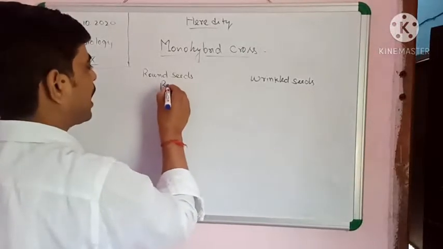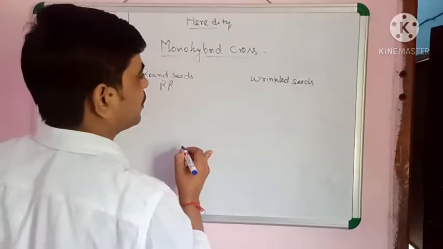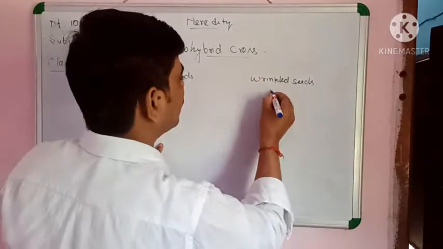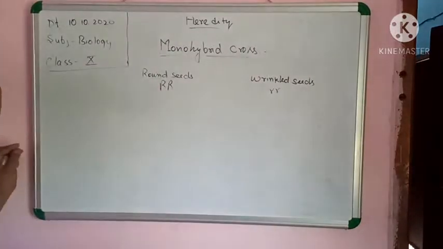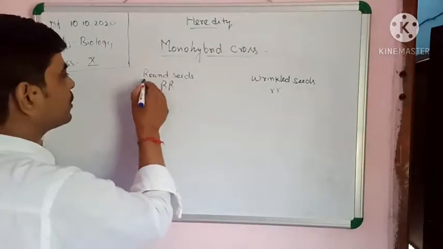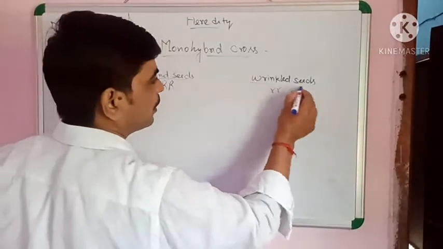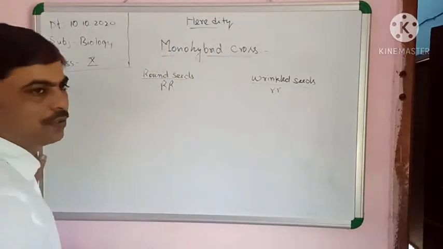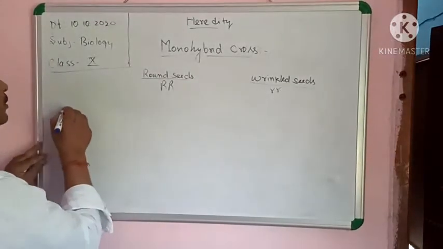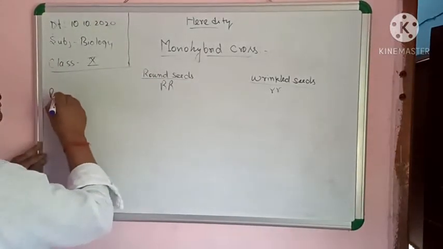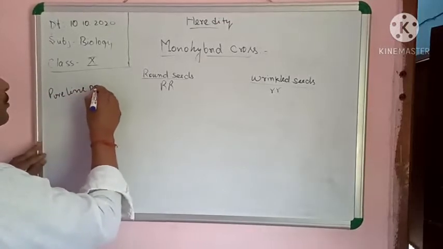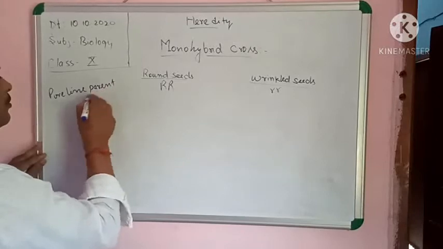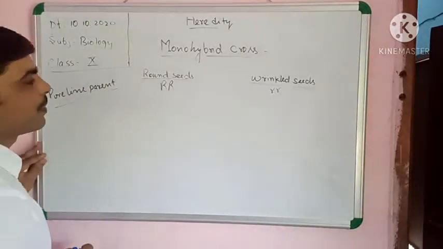Genotype will be capital R capital R, and genotype of this is small r small r. This is the phenotype that appears, and this is the genotype. Now these are the pure line parents.